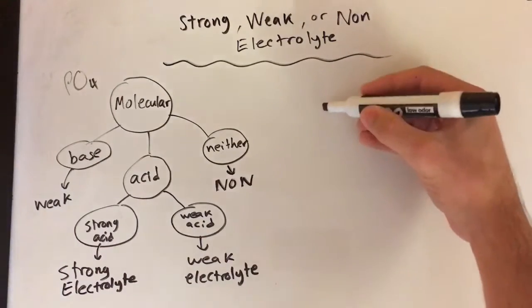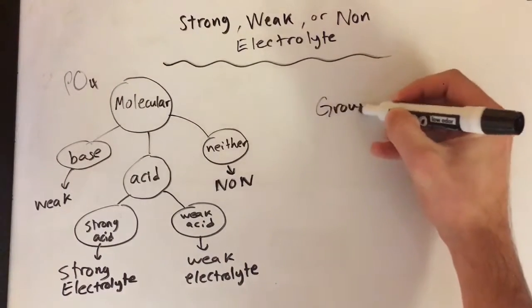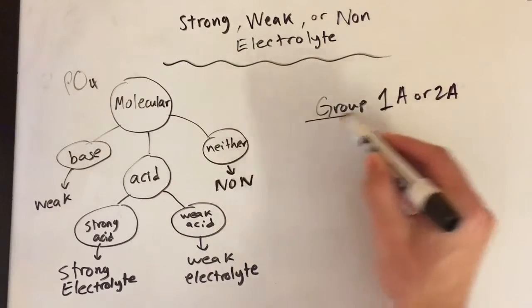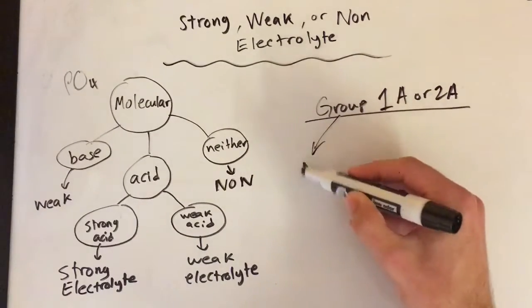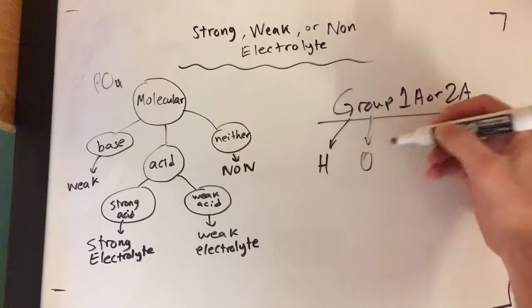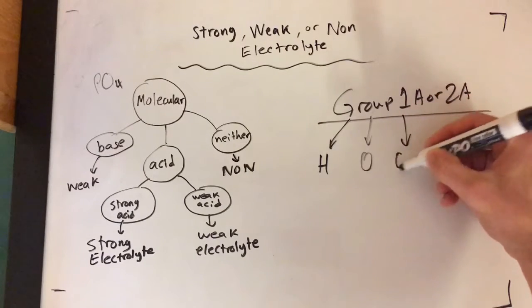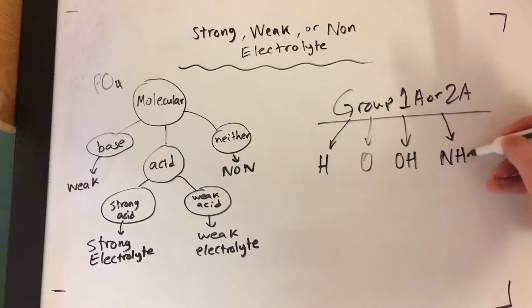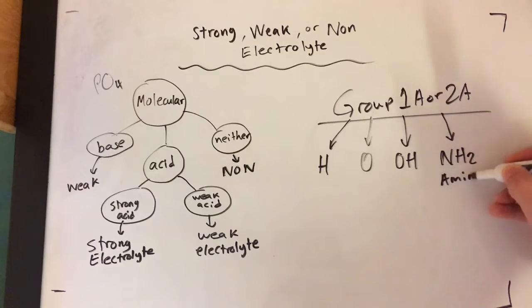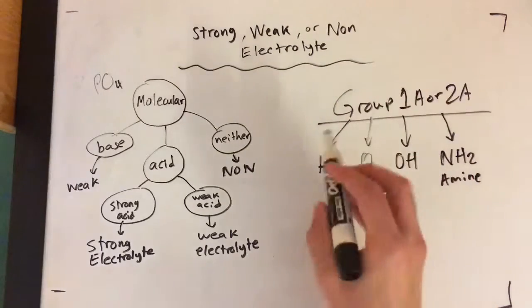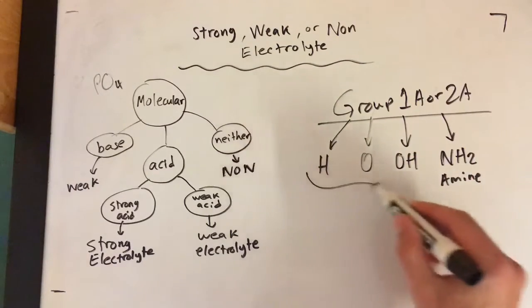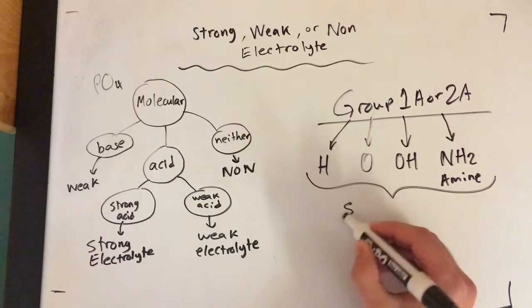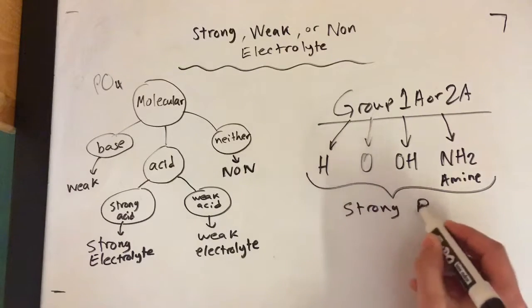If you have any group 1A or 2A element that is paired with a hydrogen, an oxygen, a hydroxide, or an amine, okay, this is called amine, then automatically you can recognize that as a strong base.